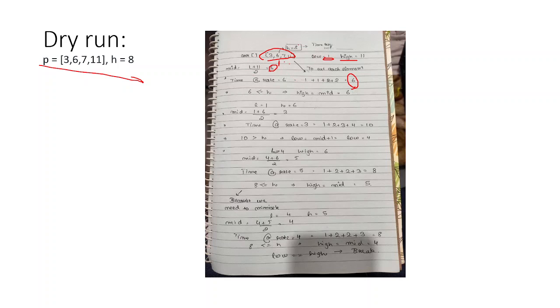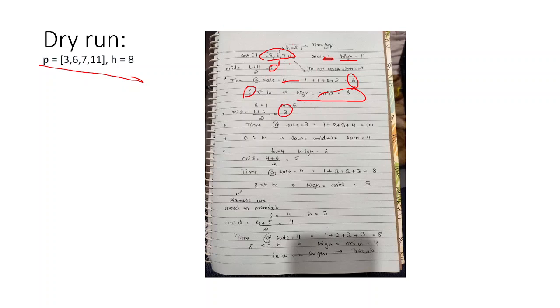It is less than 8, but we'll just keep this in mind, and we'll check if there is something more efficient than this, right? Because 6 is a bit large value. So again we take the high value as 6, and we again check, so we get the mid value as 3.